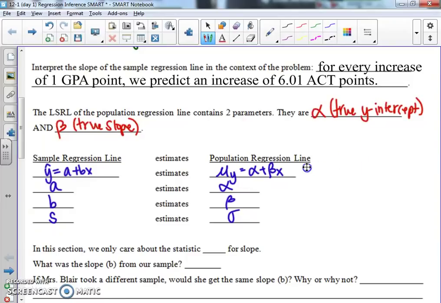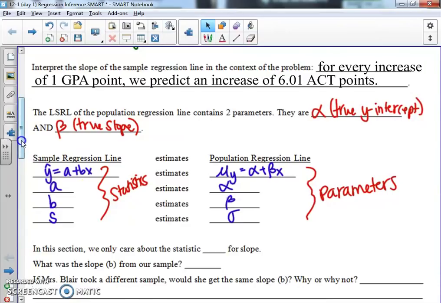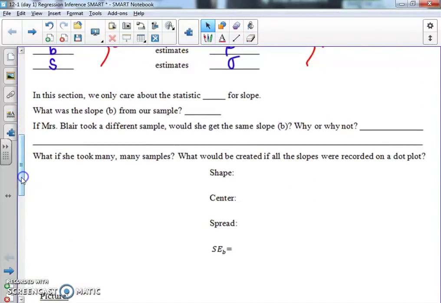So remember that these here are what we call parameters. These are the true values. And these here are statistics. We use a statistic to estimate a parameter. Okay? So, in this section, we only care about the statistic B for slope.